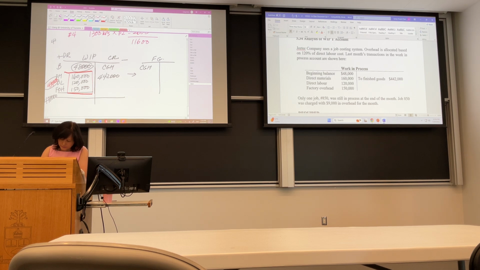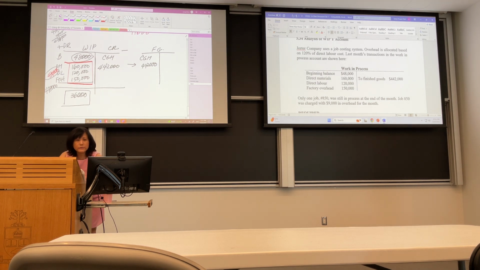Alright, 430,000 plus 48, 478. This is called total manufacturing cost to account for. You spend this amount of money, but only 442 finished. So the leftover inside here is $36,000. Ending inventory, not finished.